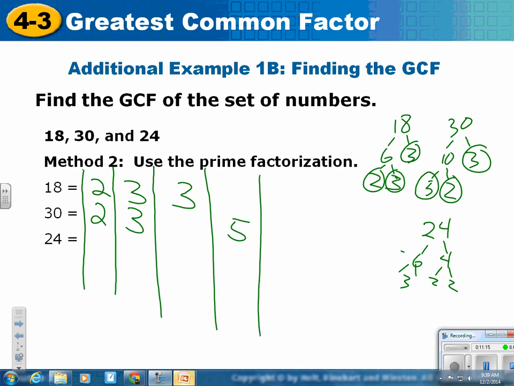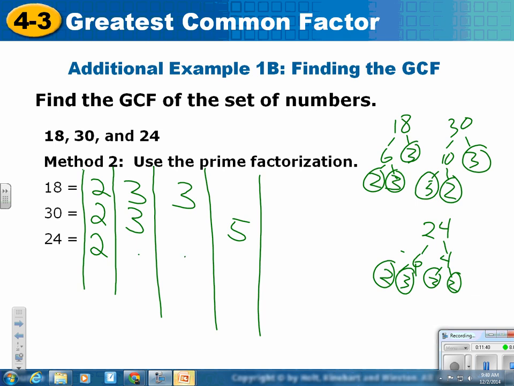The next one is I did 24, 6 times 4, and my prime factorization is 2 times 2 times 2 times 3. This is a 2 column. I can put one of my 2's there. But my other 2's, I can't do. Because I can't put a 2 here because this is a 3 column.